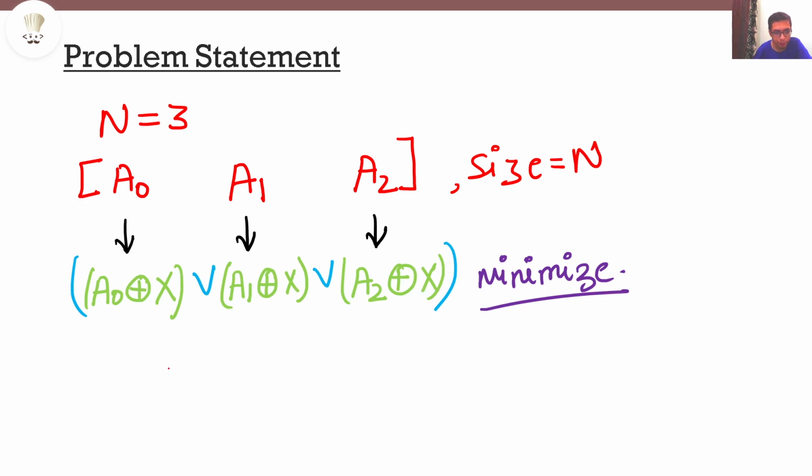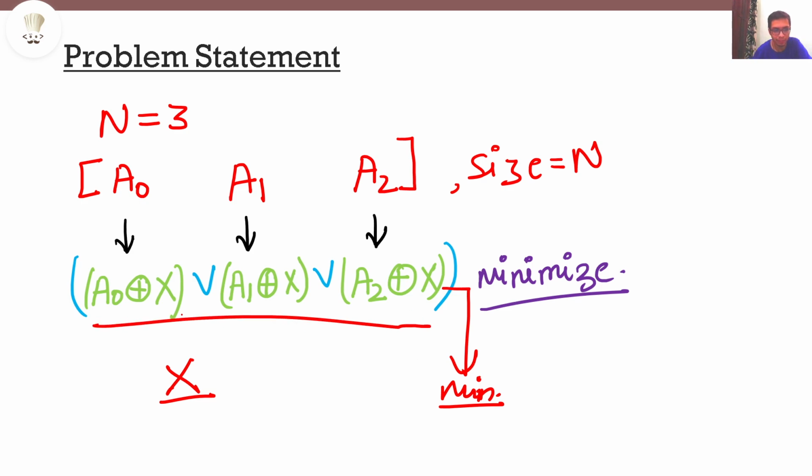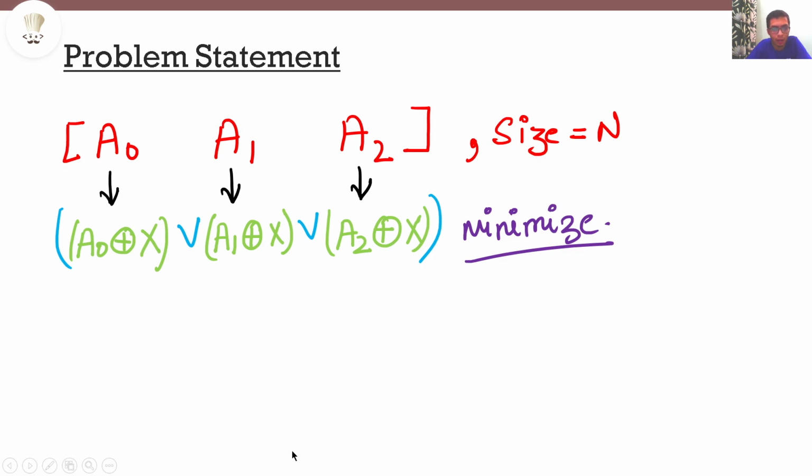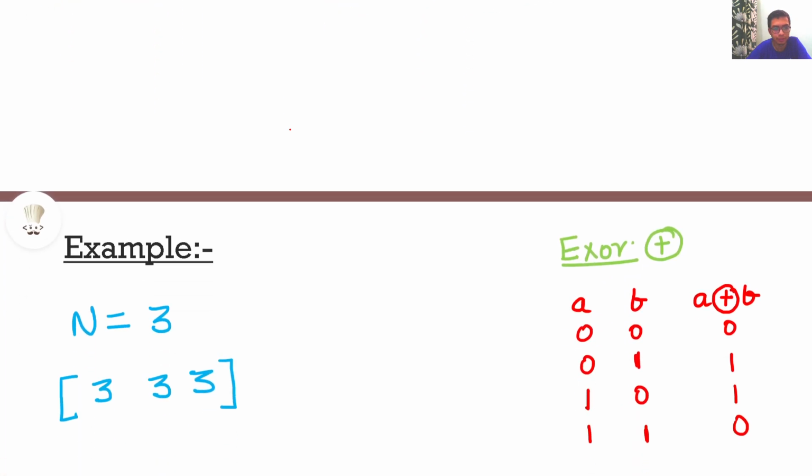And I simply have to print the value of this x and the minimum value of the complete expression, right? If we have multiple possible values of this x, then we can print any value of x, right? And also it is given that all these array elements would be non-negative, right? That is, these array elements could never be negative integers, right?